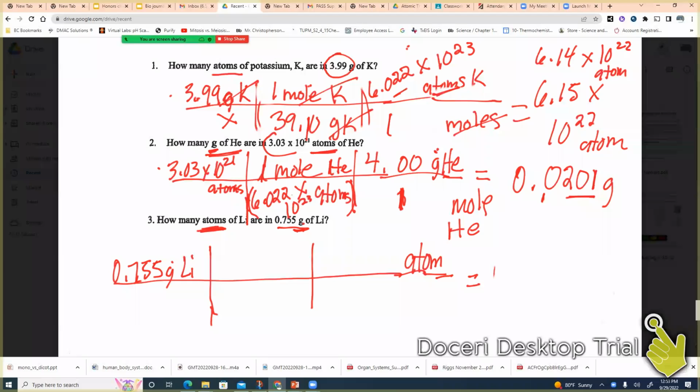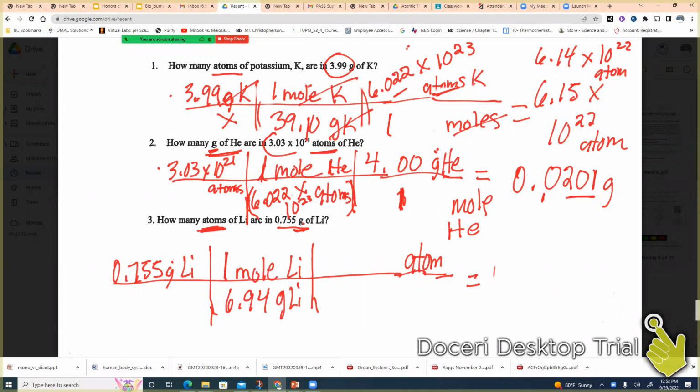So follow my units. Since I'm grams of lithium, I have to be grams of lithium down here. And when I see grams in one of my conversion factor places, that tells me I'm going to have to use the molar mass there. So lithium is a single element, so its molar mass would be 6.94 grams, and that's always per 1 mole.